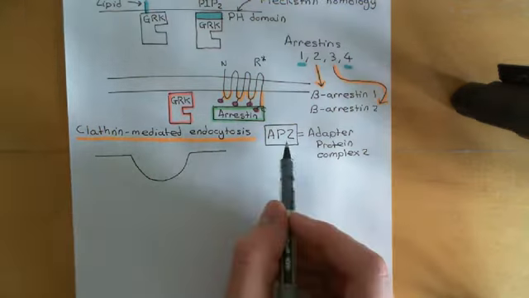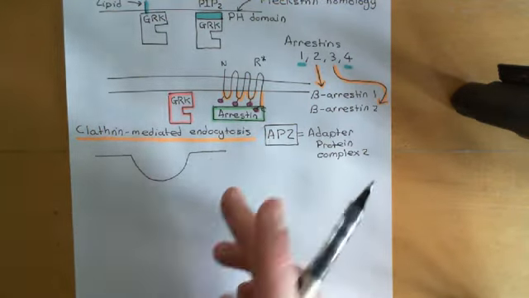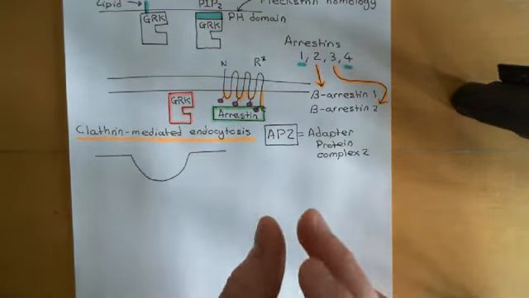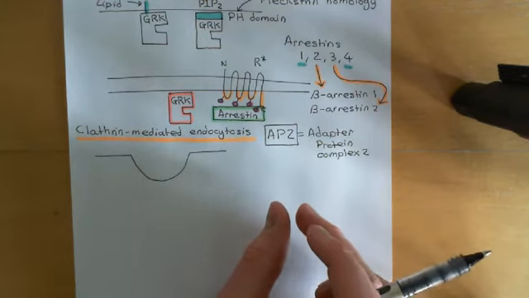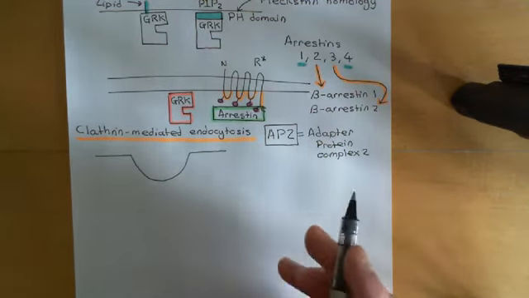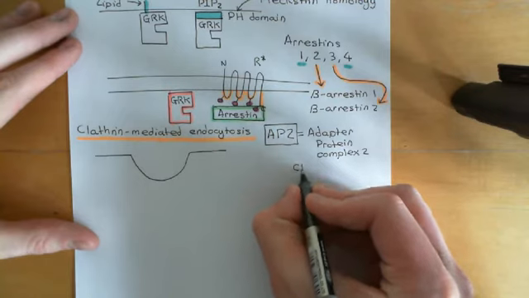Adapter protein complex 2 is going to bind to the arrestin, and then on top of it, the protein clathrin is going to bind.